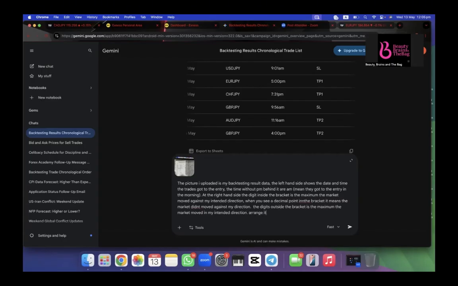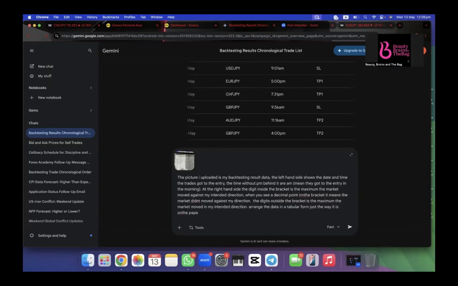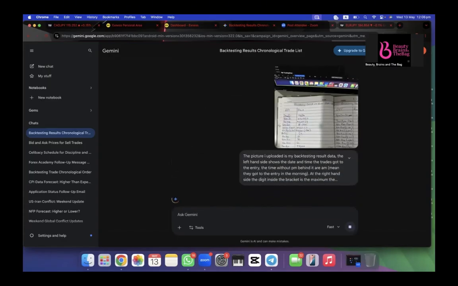Arrange the data in a tabular form, just the way it is on the paper. So let's see. I didn't even ask it to ignore stop loss.